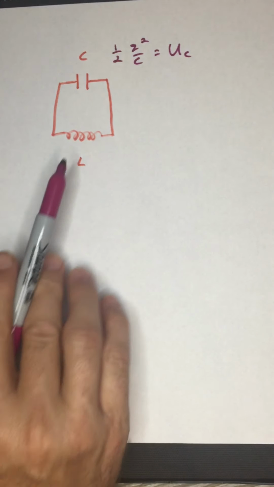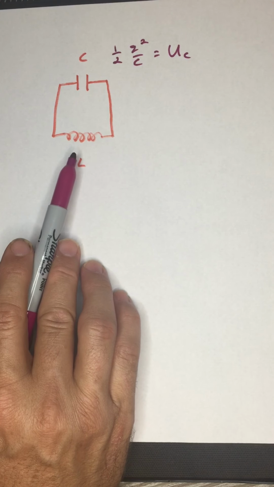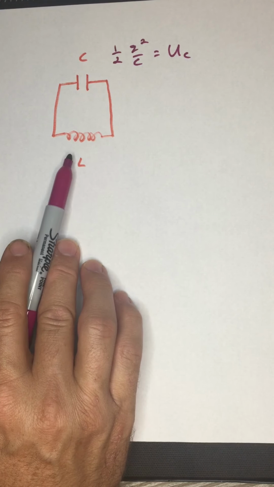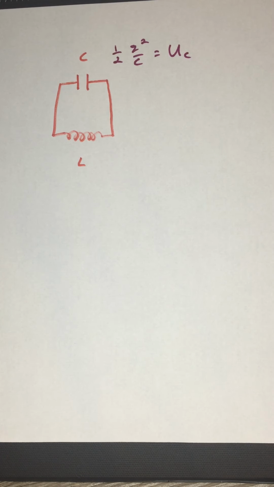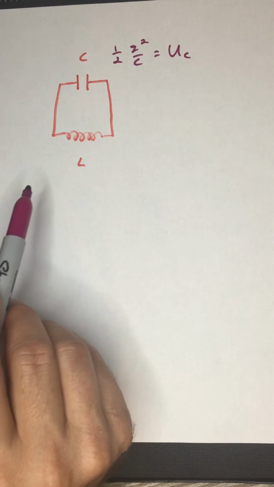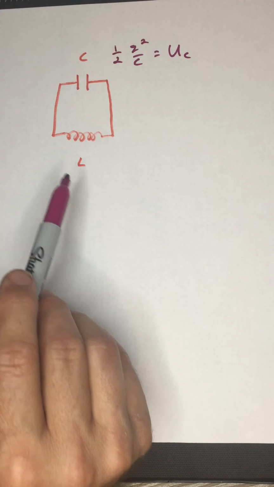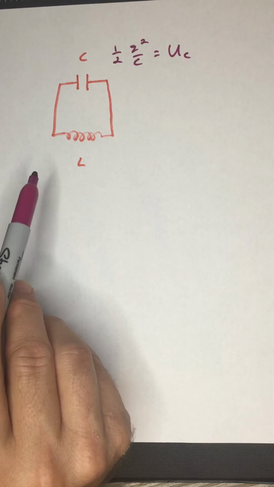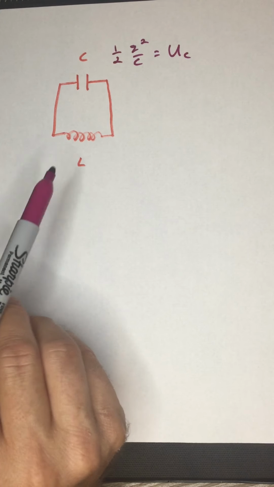But now I have something else in line, the inductor. What does the inductor do? The inductor resists any change in the current. Well, it resists change in the magnetic flux, but since the magnetic flux is produced by the current, this works out to resisting changes in the current. So what's going to happen?